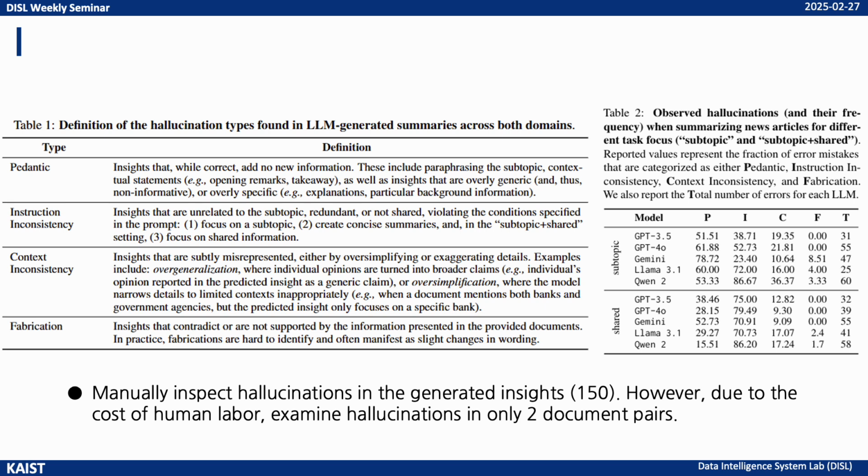The research shows that the first, pedantic error occurs more than 50% in the first setting, while in the second setting, to find out the shared topic across multiple documents, it shows more than 70% hallucination in the instruction inconsistency error type.